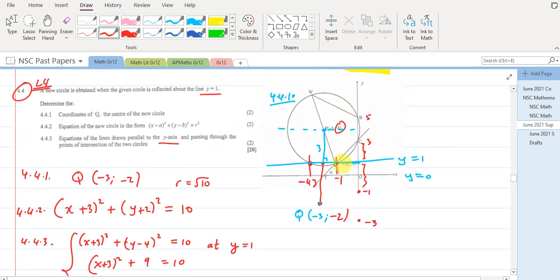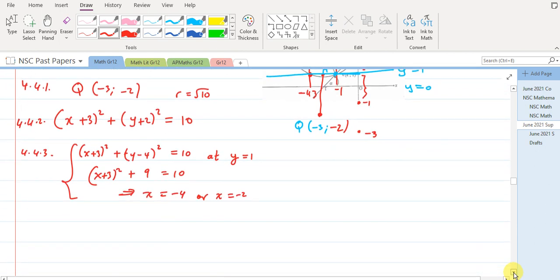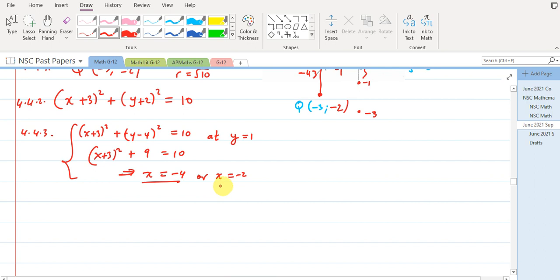So points of intersection of the two circles will be at -1 and -4 if you're reflecting it over the y-axis. So these lines are parallel to the y-axis, therefore those will be the two solutions. Those will be the equations of parallel lines.